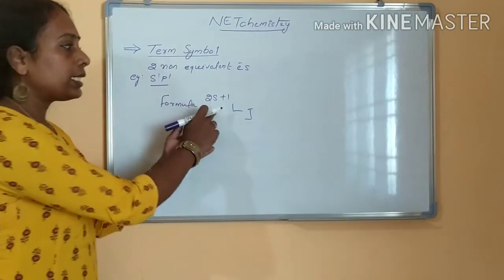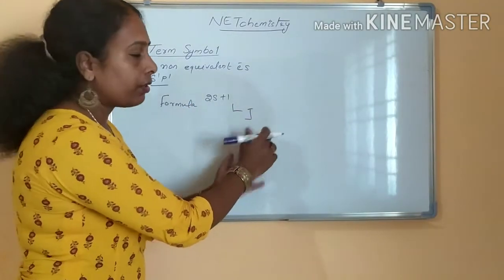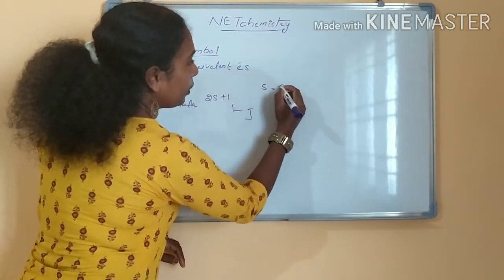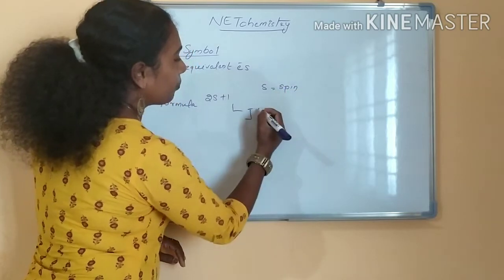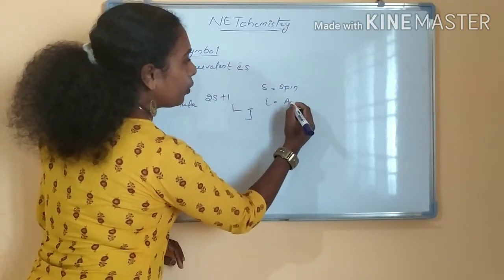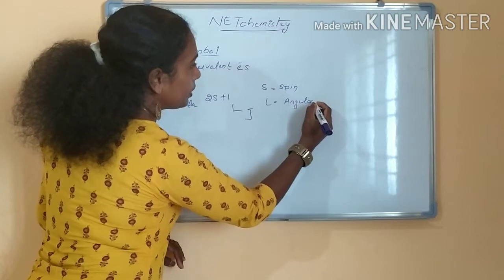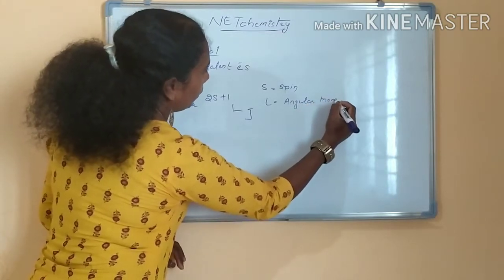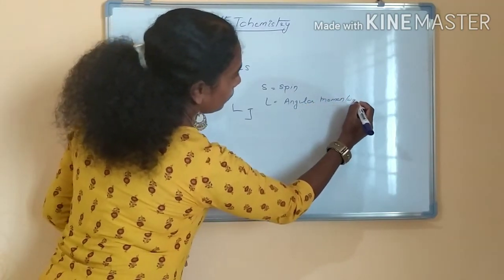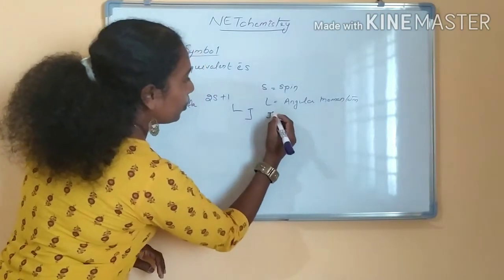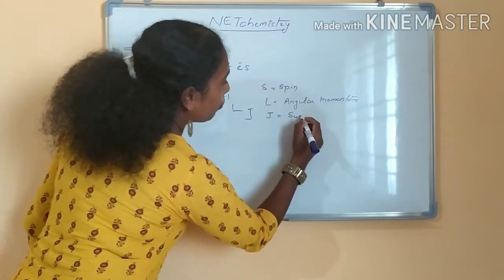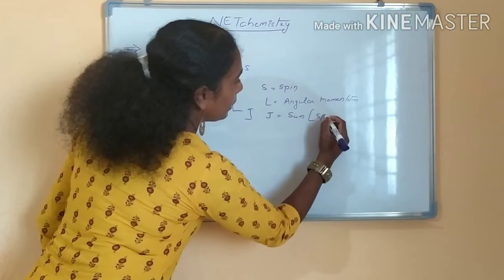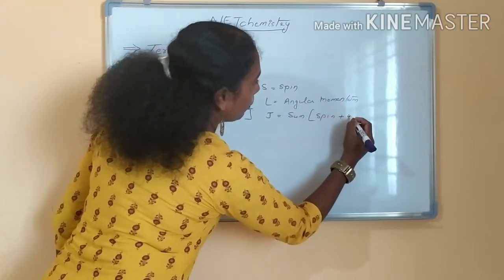What is S, what is L and what is J we will see. S is nothing but a spin. L is the angular momentum quantum number, right? Angular momentum. And J is the sum of spin plus angular momentum.